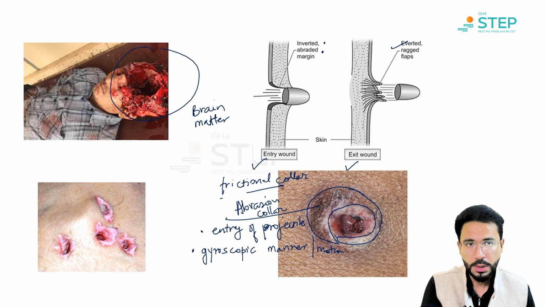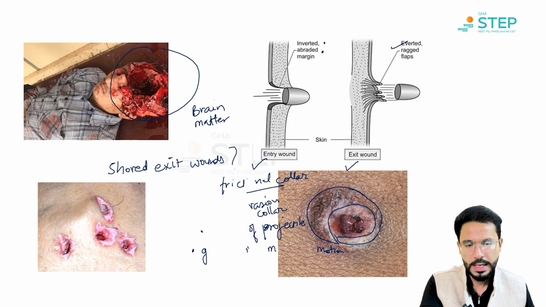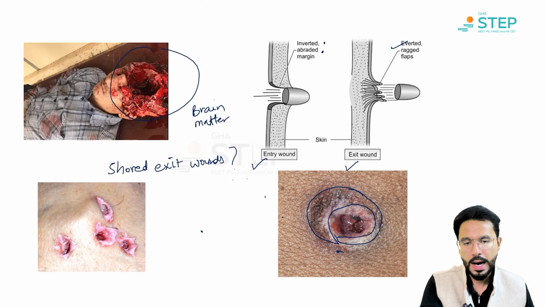Whereas when you do not see abrasion collars here, you find some everted margins, and you may also be confused if they are inverted or everted. There is an image here to show you shored exit wounds. What are shored exit wounds? Shored exit wounds are basically when exit wounds are protected by a hard surface.